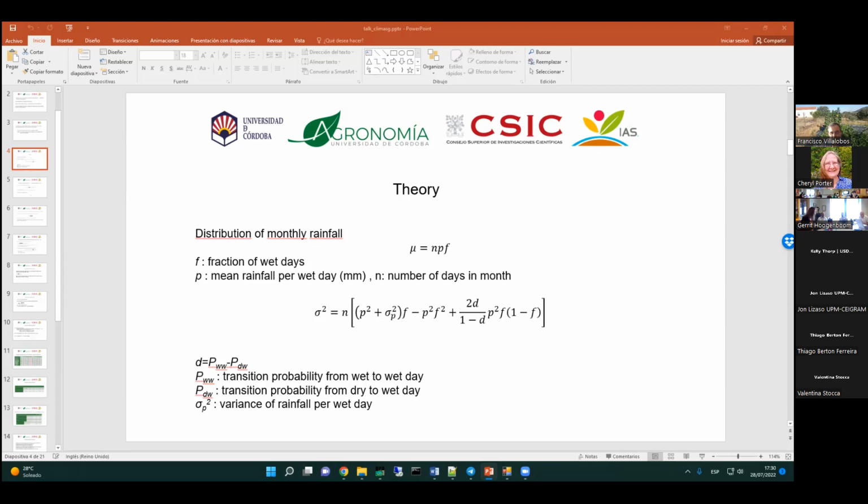This is basically the model of WGEN, the original model of Richardson, that acknowledged the correlation between temperatures and rainfall. And so they are not calculated independently, not at all. In fact, what we have done in ClimaSG is add the correlation between the temperature range and the solar radiation, and that was missing before.